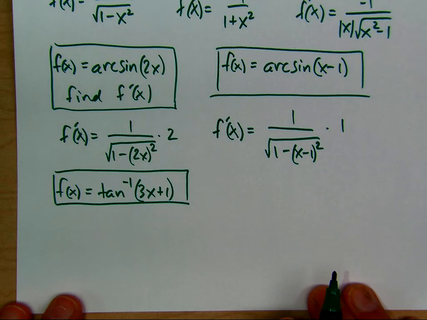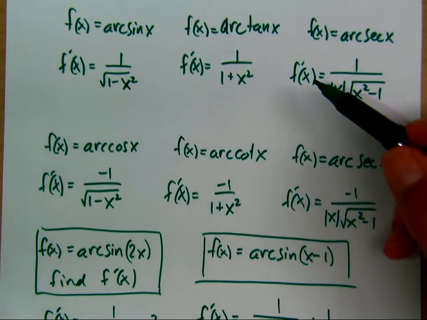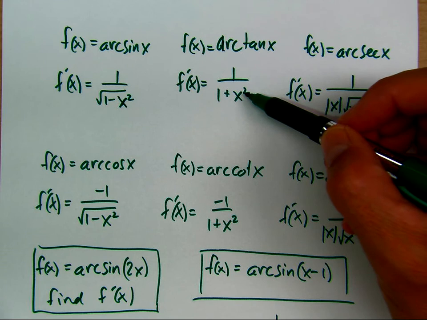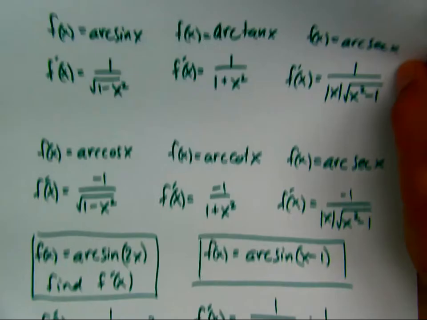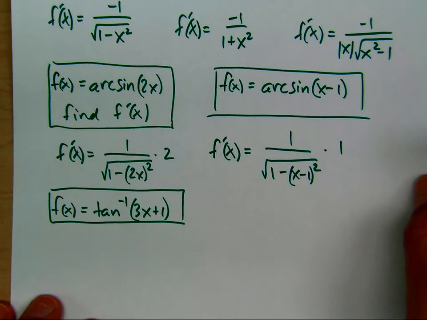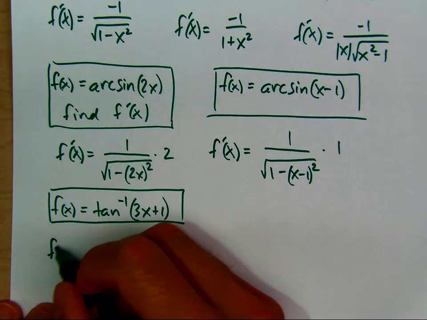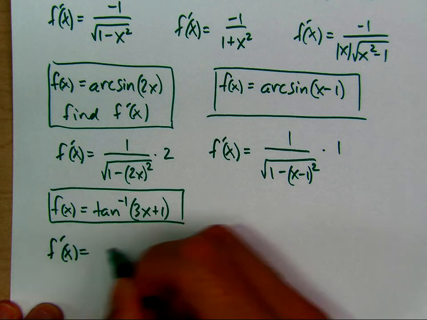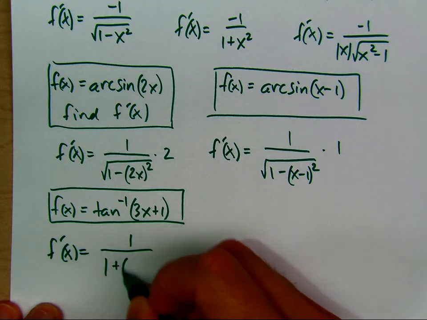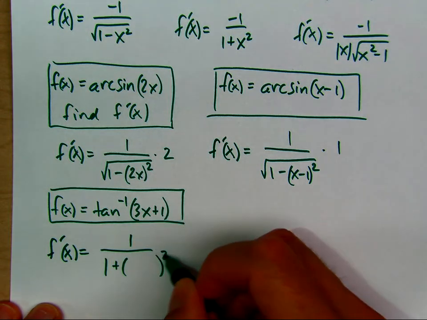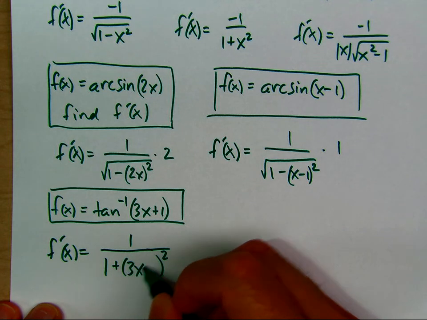Okay, and tangent, we just remember the pattern for tangent, the formula, 1 over 1 plus x squared. So here we'll have 1 over 1 plus the argument squared, 3x plus 1.